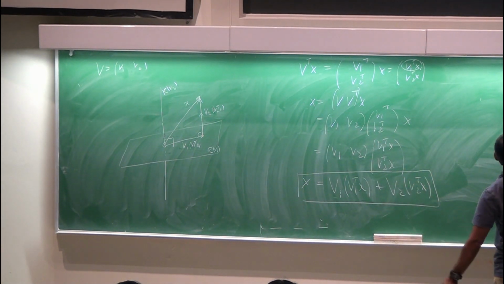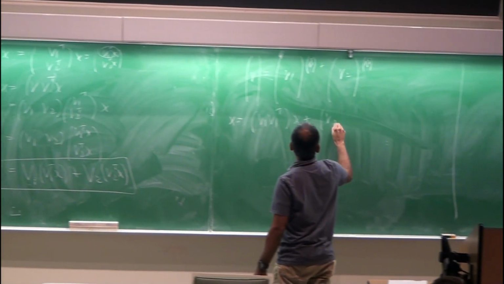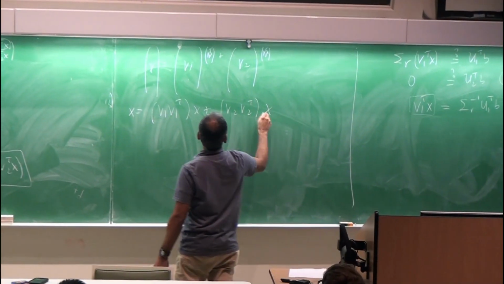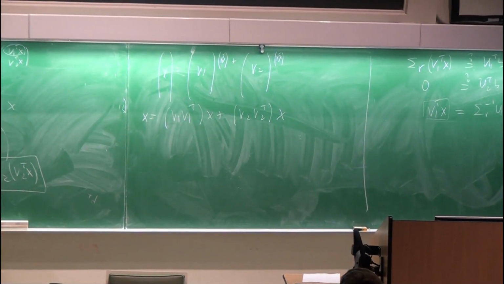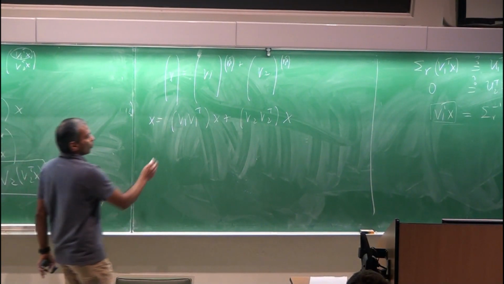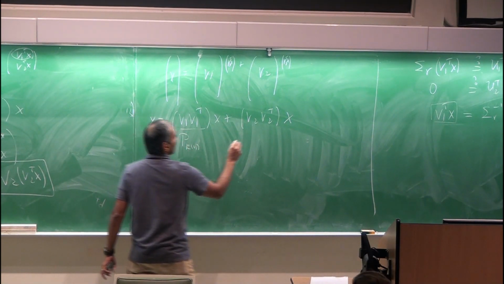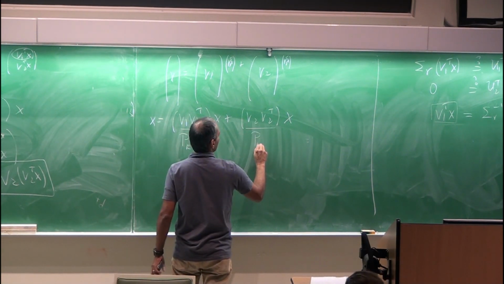They write the same equation like this instead. Put the parenthesis back on this side. Write it like this. So then these two matrices are given names. These are square matrices. This is called the projection onto the range space of V1, and this is called the orthogonal projection onto the range space of V2.